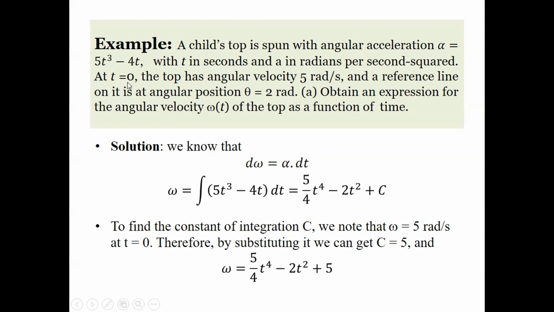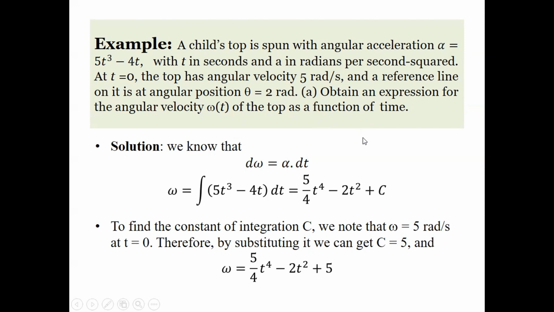At time t equal to 0, the top has angular velocity 5 radians per second, and the reference line on it is at angular position theta equal to 2 radians. The question asked is to obtain an expression for the angular velocity of the top as a function of time.